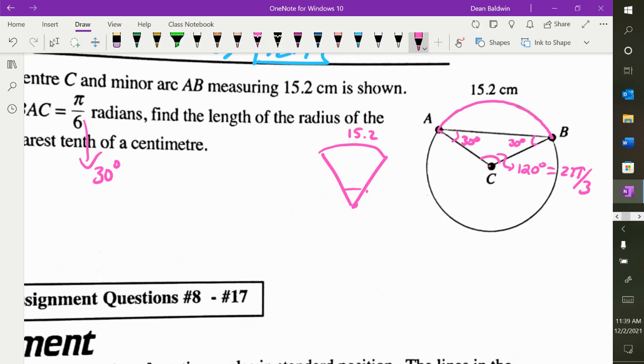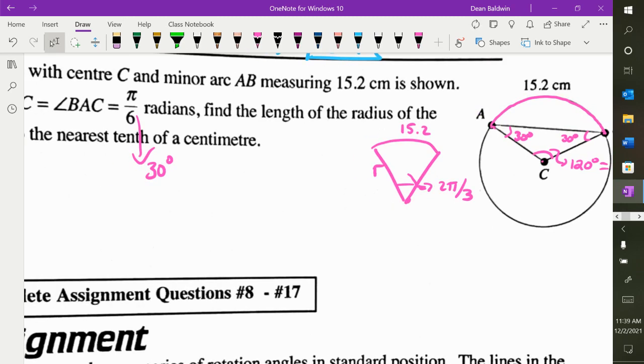This is 2 pi over 3. And they want to know r, the radius. What's our formula? A equals r theta. Plug it all in. And then you're going to tell me the answer, please.